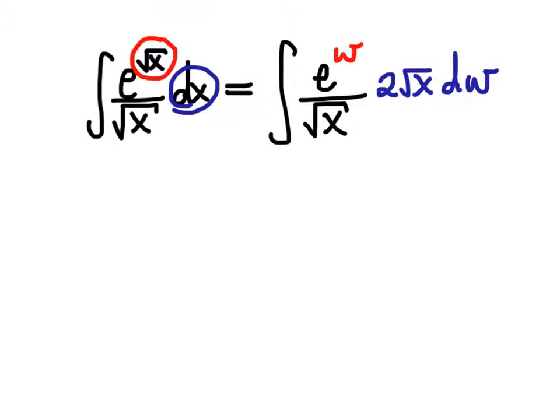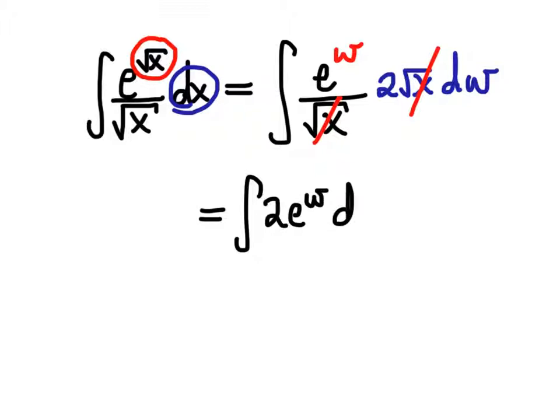And you'll notice it'll make you happy that we can cancel those square root of x's. So we're left with the integral of 2 e to the w dw. Everything is in terms of w here, and it fits a very basic integral formula for e to the w.